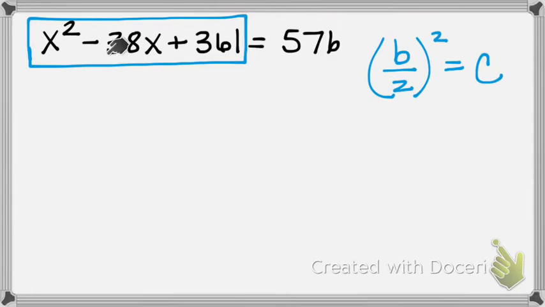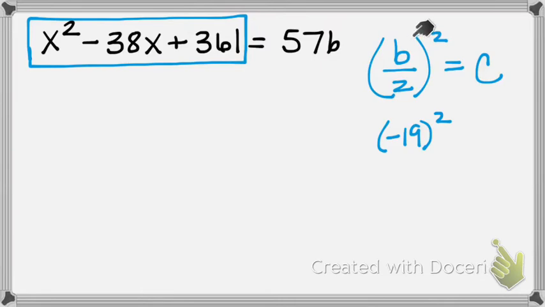So in your calculator, take negative 38, because that's b, and divide that by 2. What do you get? Now take negative 19 and square it. When you square it, remember, you have to put it in parentheses. Did you get 361? Yeah.